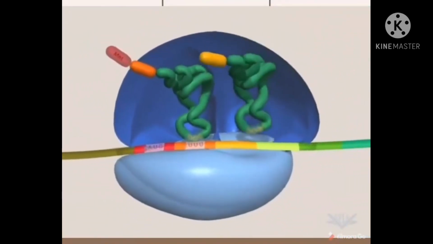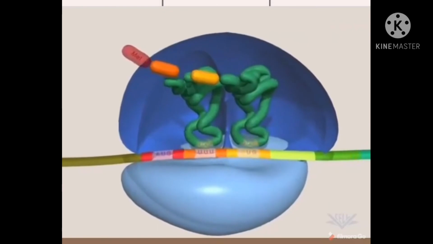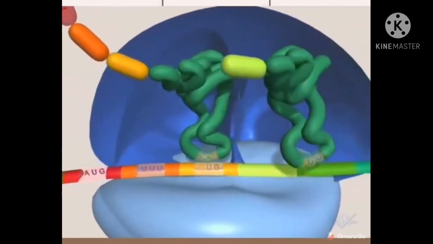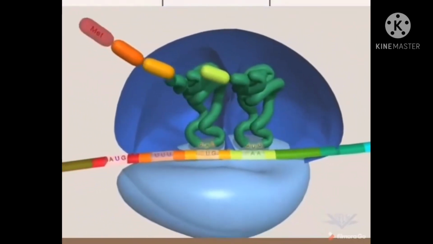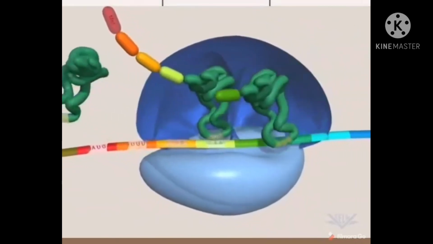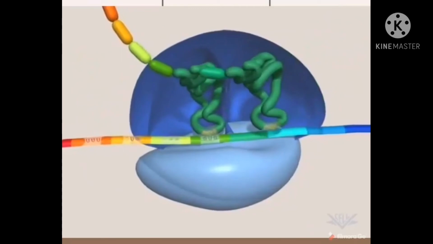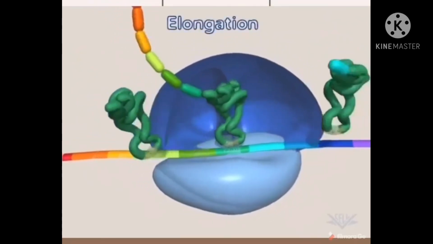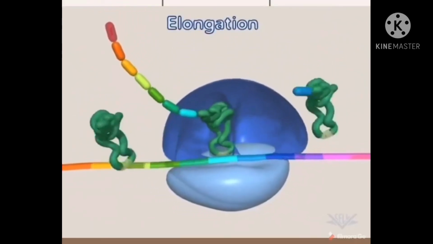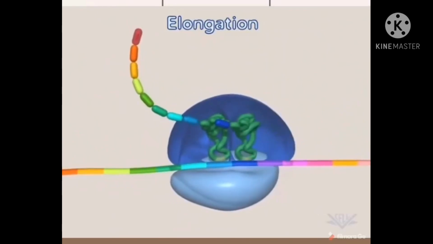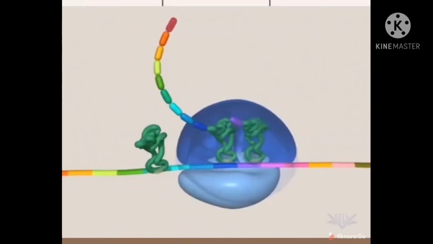Now, the growing peptide lies at the P site and the A site is open for the binding of the next amino acid tRNA, and the cycle continues. The polypeptide chain is built up in the direction from the N terminal, which is methionine, to the C terminal, which is the final amino acid.